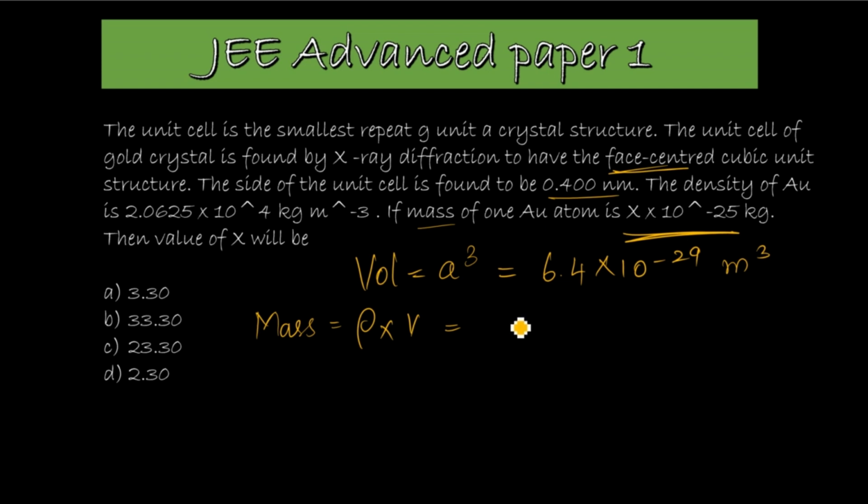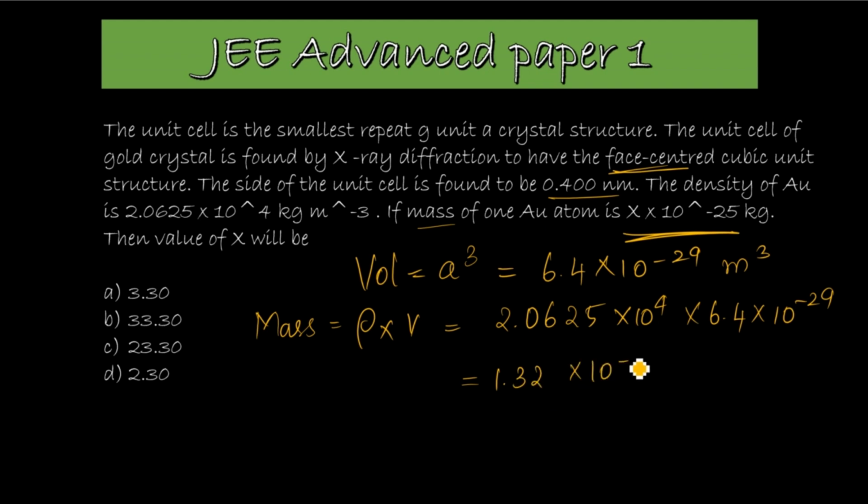So the density is given that 2.0625 into 10 to the power 4, and the volume we found that is 6.4 into 10 to the power minus 29, which is equal to 1.32 into 10 to the power minus 24. Mass of one unit cell.